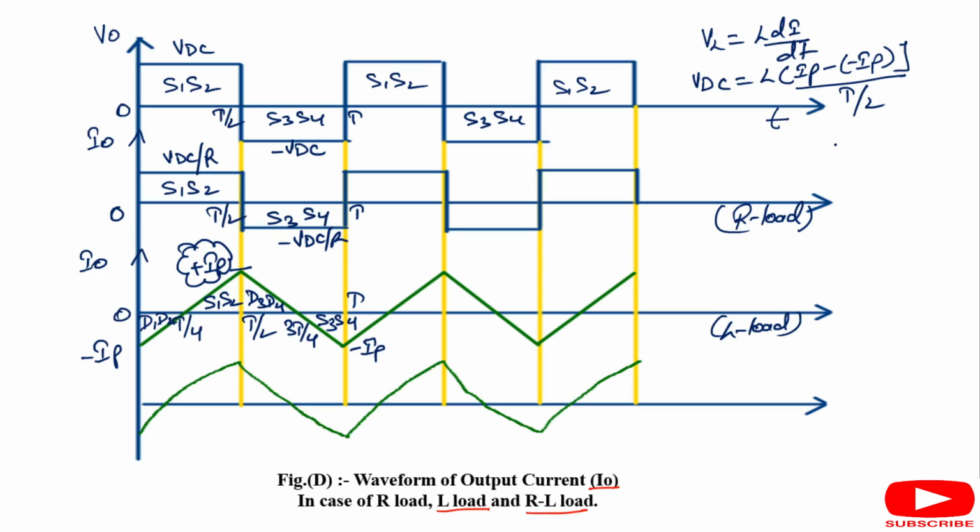So here 2IP equals VDC into T by 2 by L, and the peak current IP will come out to be VDC by 4FL, because as we know that the time period is the reciprocal of the frequency.